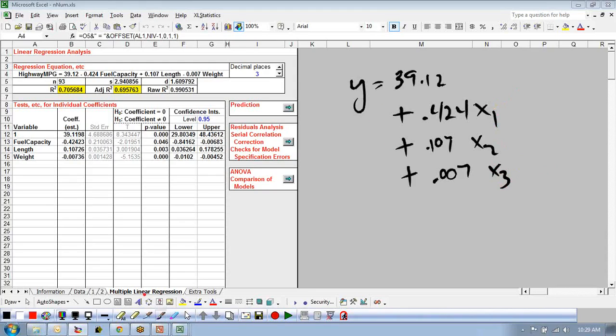And that's basically it. So if we wanted to go ahead and make predictions from this, we could.